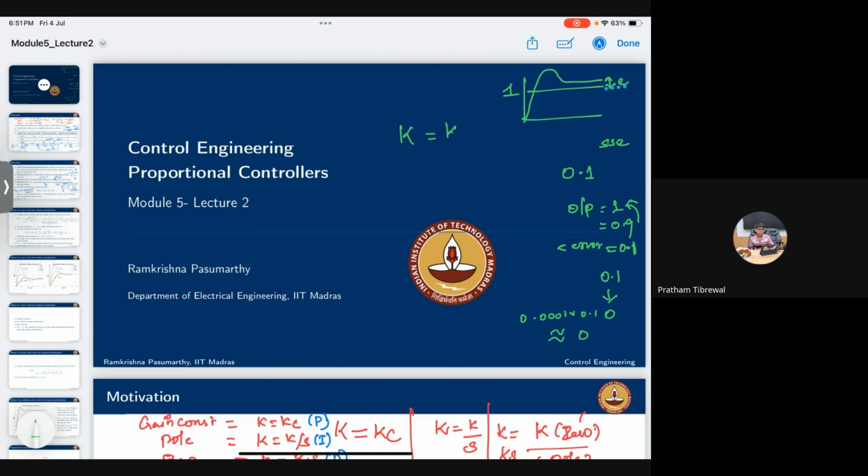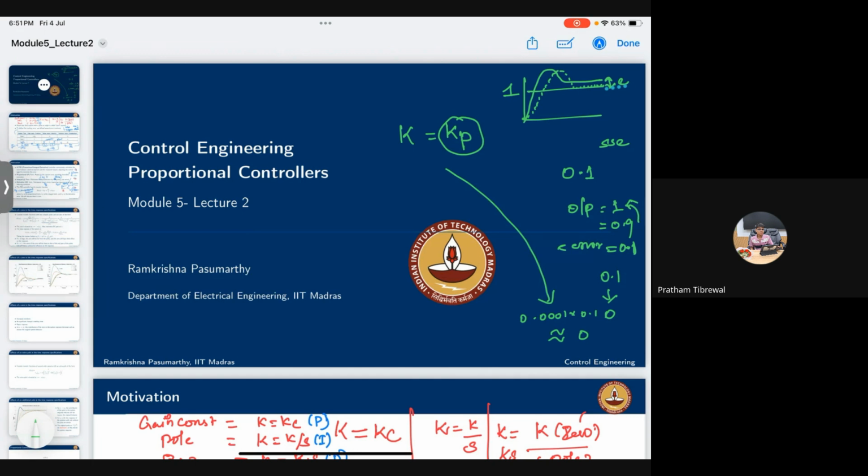I'm going to make this KP, where this KP gain is 0.0001. That will push my system to behave in a way I like. There will still be error, but it's very negligible, you can say. So your control objective will be achieved.